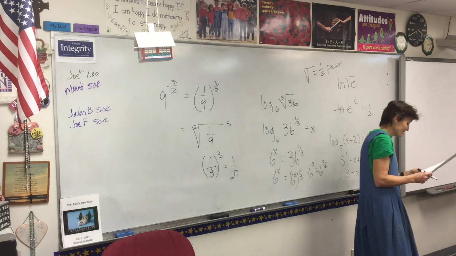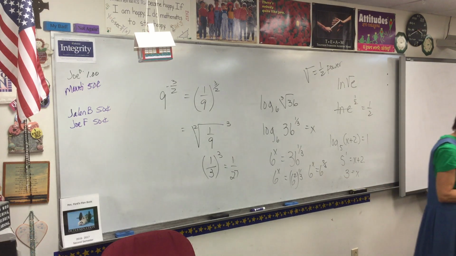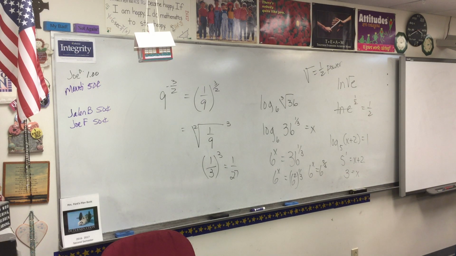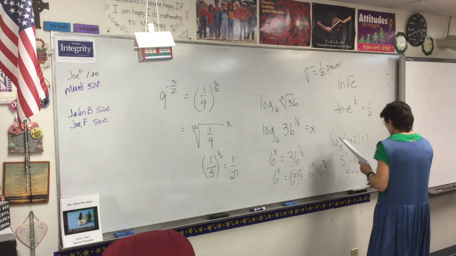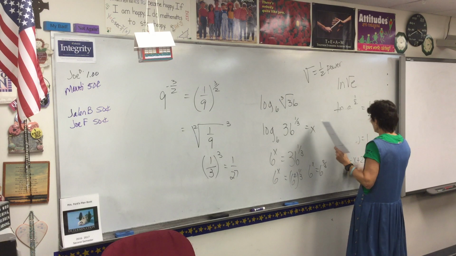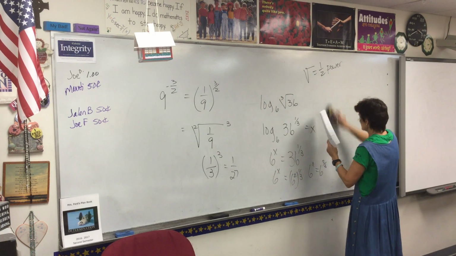3a, what is the initial value? 3. What is the rate of increase or decrease? 4%. 4% growth, exactly. Perfect. What do I do with b? Common base.